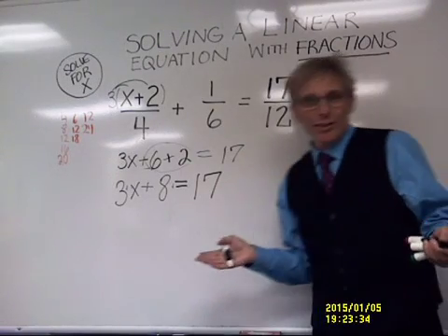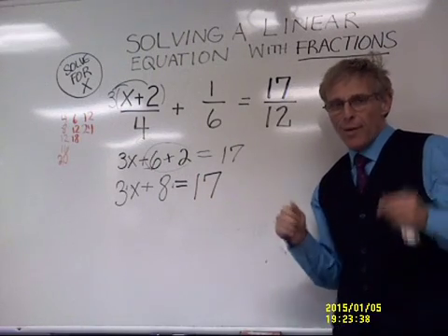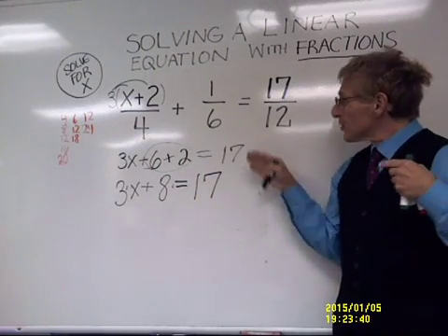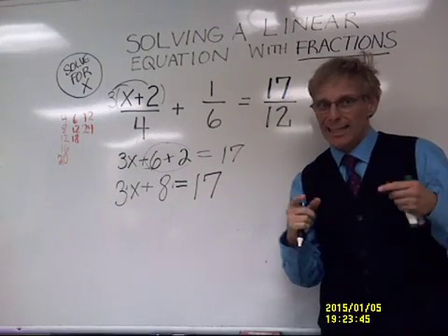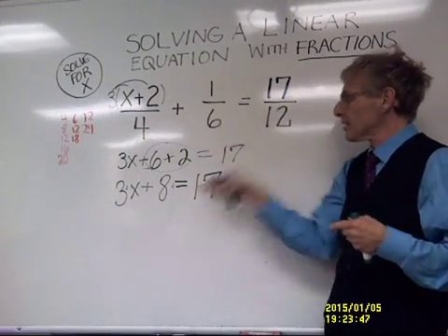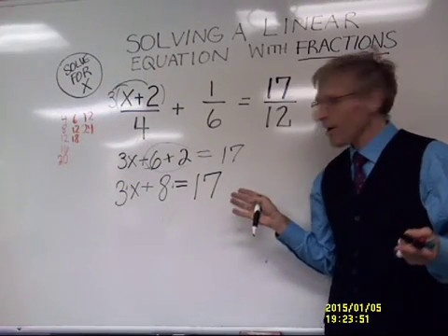And now it's just a linear equation. Once I got my common denominator, like you would do if you're adding fractions, and I changed the numerators in proportion, you could cross out that common denominator and just solve the top.